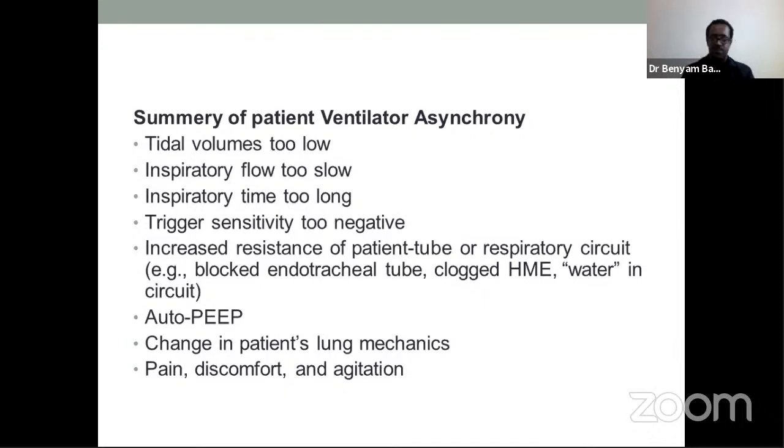So double volume will be delivered to the patient, and the patient may develop auto PEEP or air trapping or barotrauma or lung injury. So we need to also assess the trigger sensitivity.